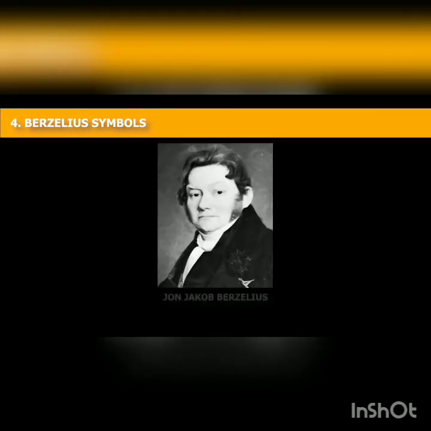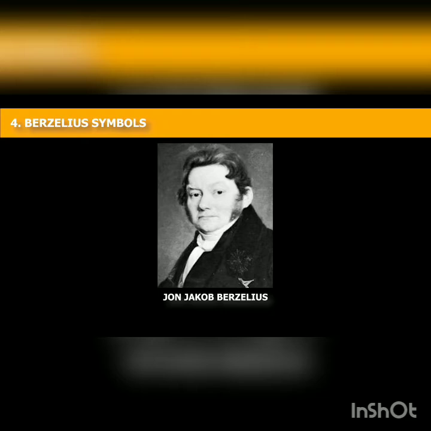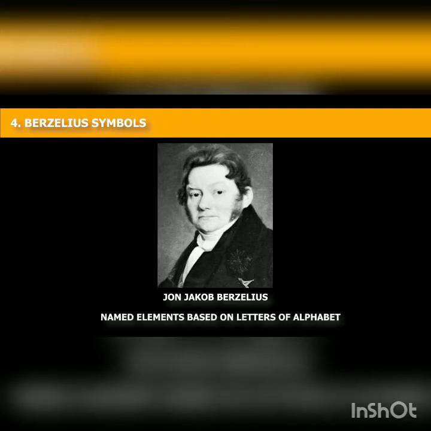4. Berzelius symbols. In 1813, John Jacob Berzelius devised a system using letters of the alphabet rather than signs. These symbols were easy to write and remember.